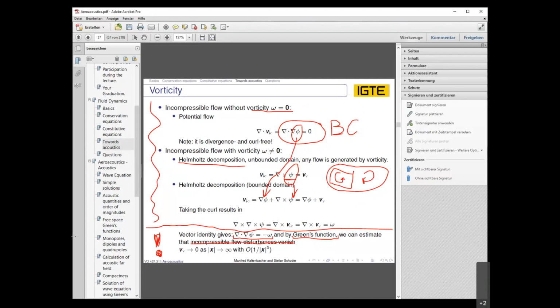I mean, yeah, regarding the assumptions, they do not depend on the Green's function. But in general, they will depend on the Green's function. But the 1 divided by x to the power 3 is just a rough estimate on how flow disturbances will decrease compared to an acoustic model regarding a similar Green's function.